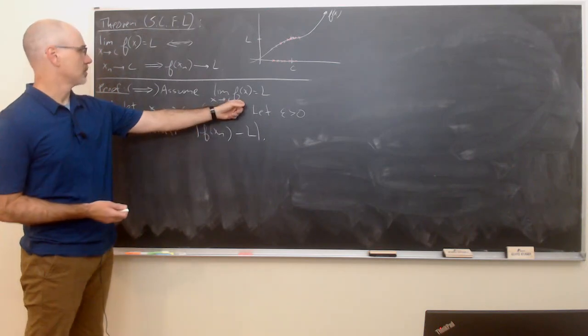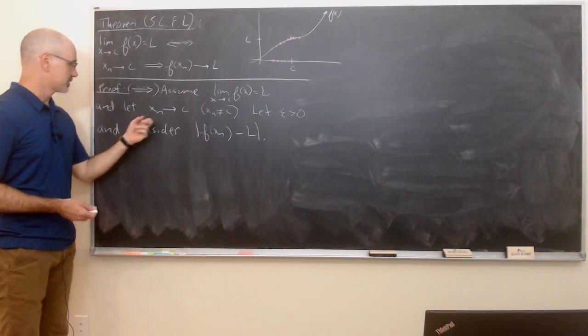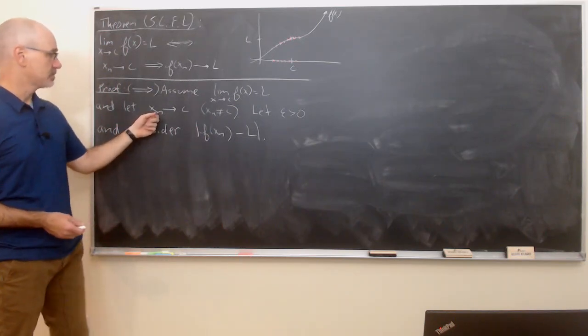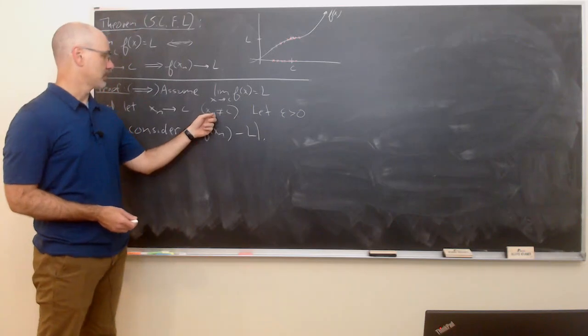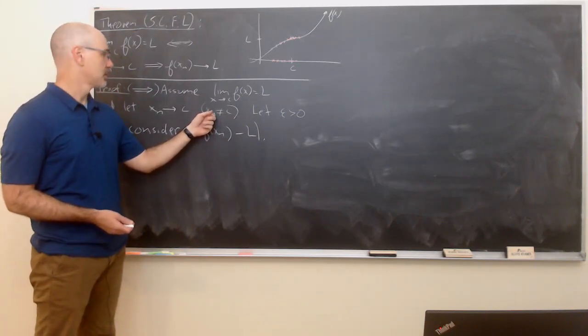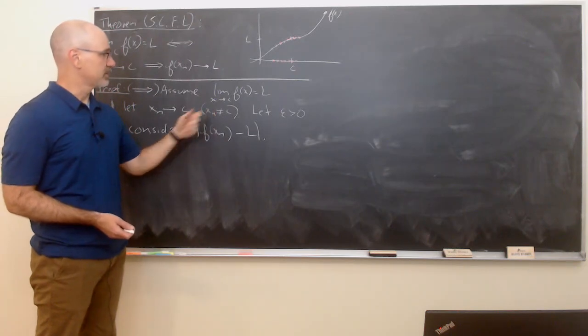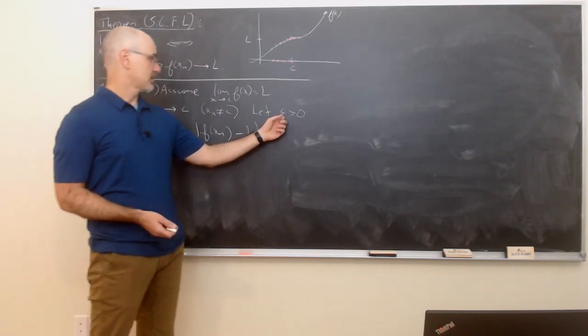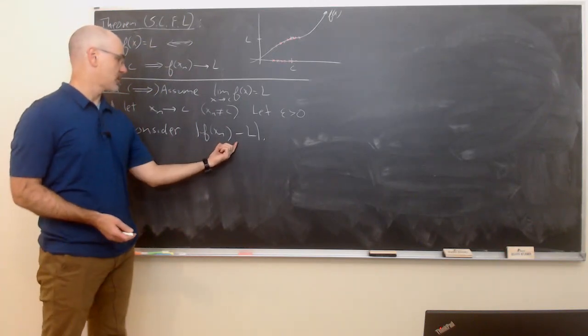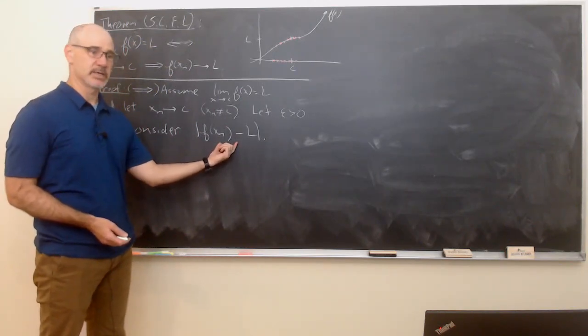So assume that the limit of the function is L, and let's suppose that we've got some sequence converging to c. We are always careful to rule out the value c itself, because that's not a concern of the limit definition. Then we take some epsilon bigger than 0, and note that what we want to make small is f of x_n minus L.